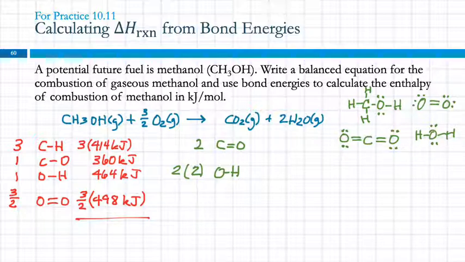This is all things I'm breaking, so I'm putting energy in, so it's a positive number. So I can add this up. 3 times 414 plus 360 plus 464 plus 3 halves times 498 equals.